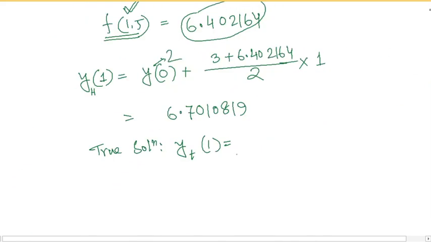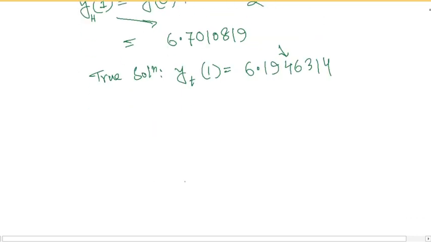The true value of y will be 6.1946314. Look here, this is the Heun's method prediction, which is very close to the true solution, and that is the efficiency of this modified approach to the Euler's method.